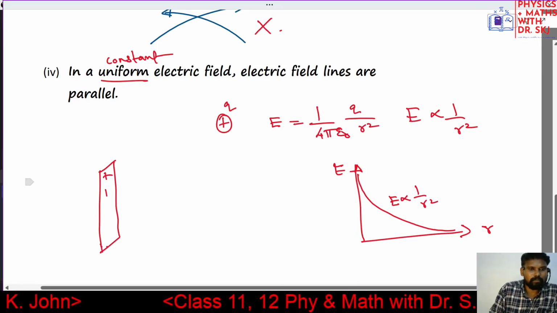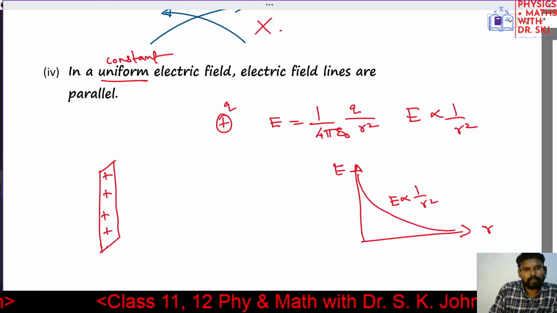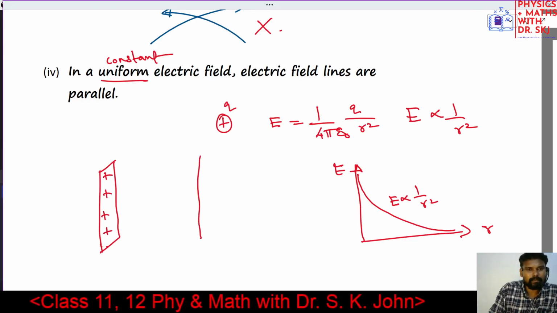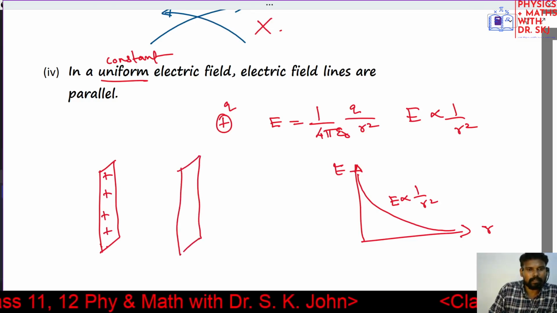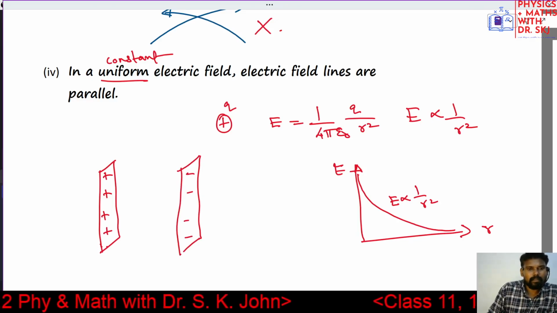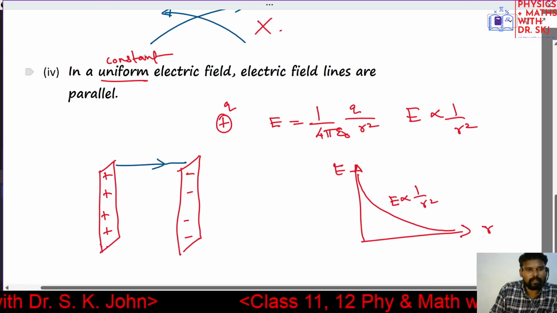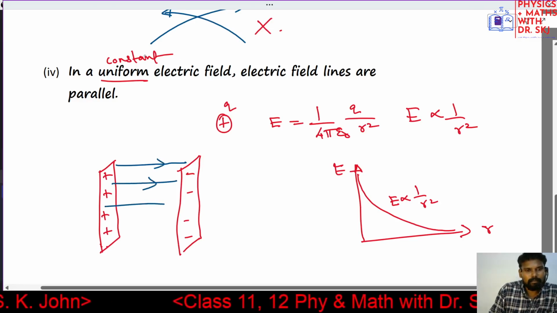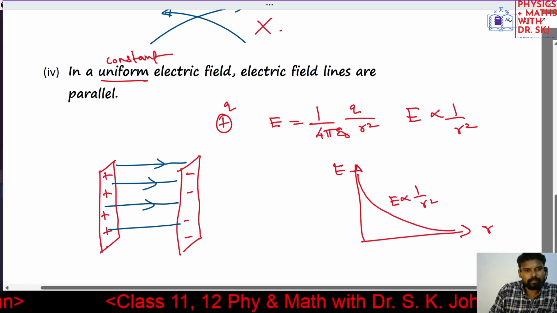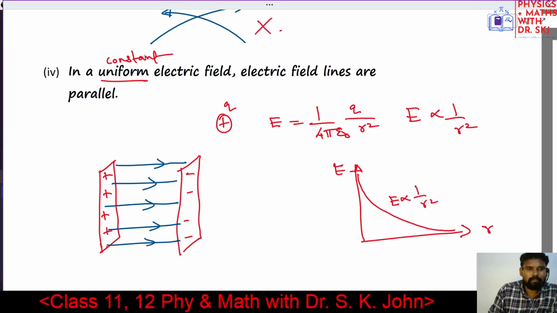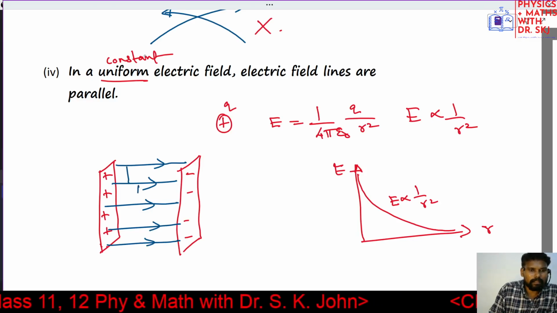Suppose you have a positive plate like that of a capacitor and a negative plate, large positive and negative plates. Then in between the plates there will be an electric field like this. They can be drawn as parallel lines. Actually, parallel and equidistant lines.